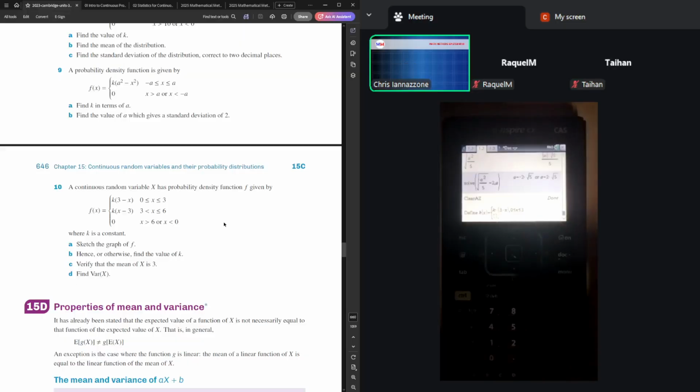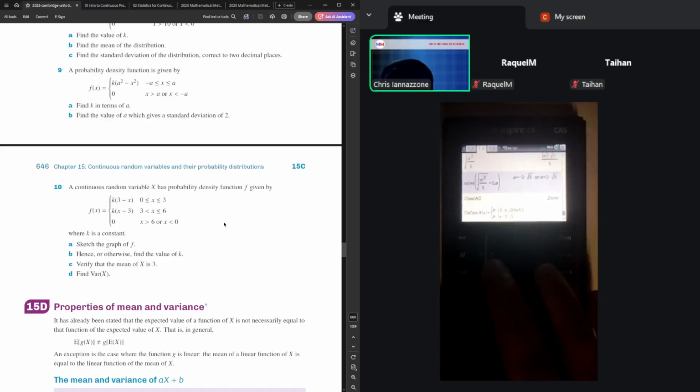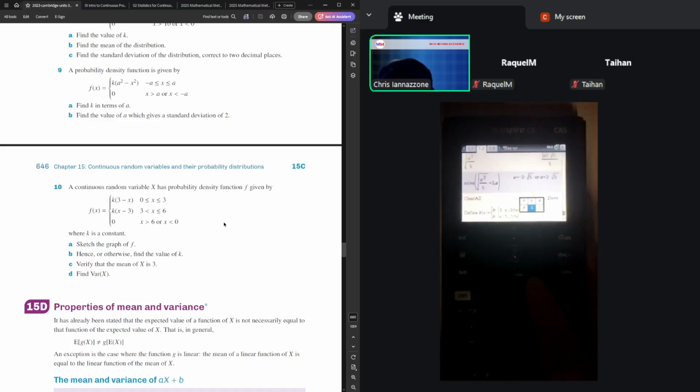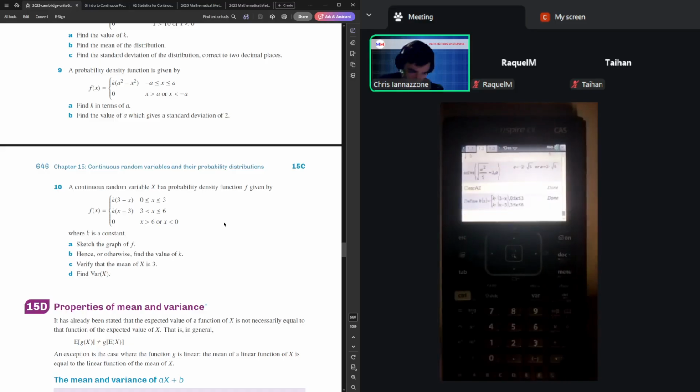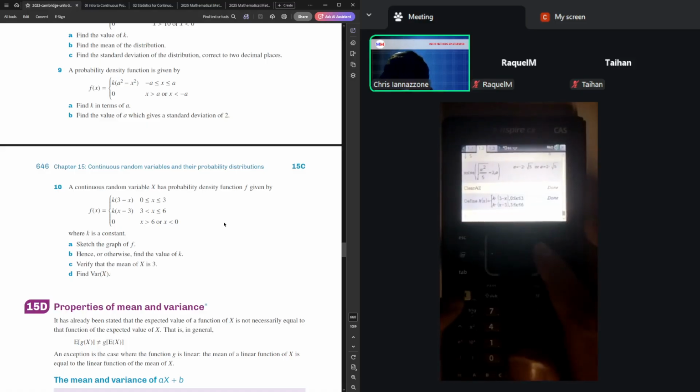And then very similar, x times k times x take 3. That one is from 3 to 6. 3 less than equal to x less than equal to 6. Piecewise sorted. Sketch the graph is now quite easy. In fact, I think we've sketched this exact graph before.